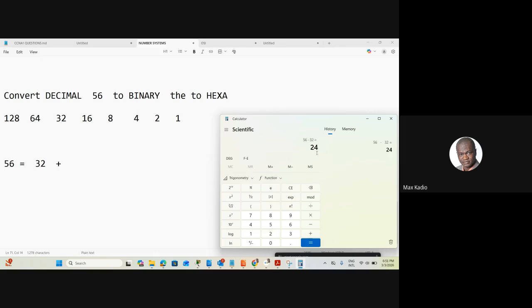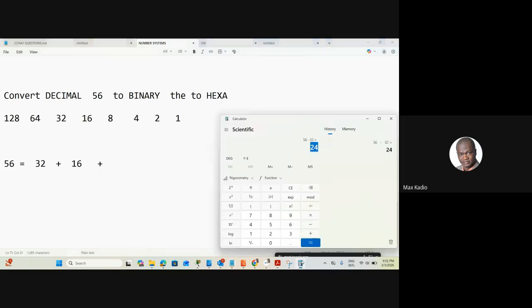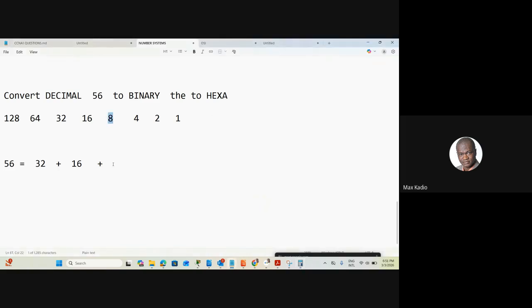The remaining is 24. And I can see that 24 is bigger than 16, so I take 16 here. Then in that 24, I remove this 16. The remaining is 8. So 8 is equal to 8, so we can take it and I'm done.